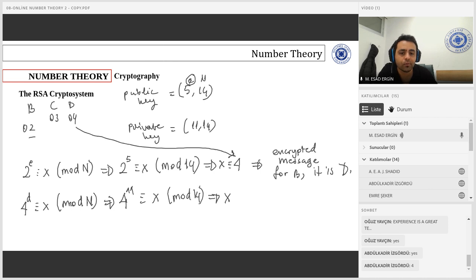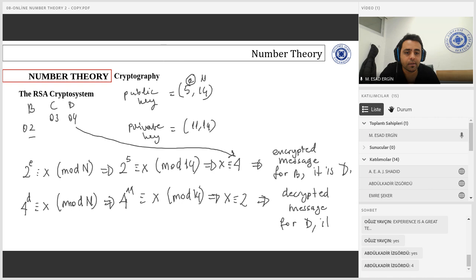So we are going to calculate what X is. 4 to the power of 11 is 4,194,304, modulo 14. The remainder will be 2, which means the decrypted message for D is B.